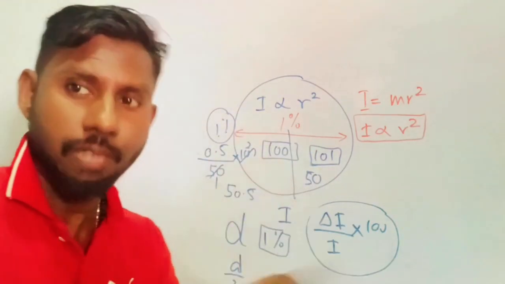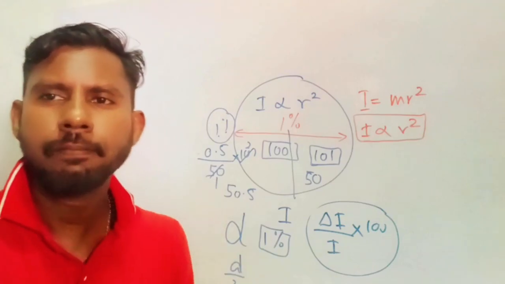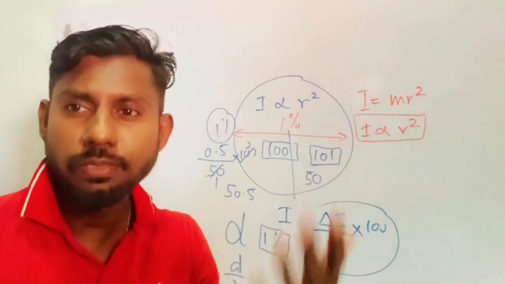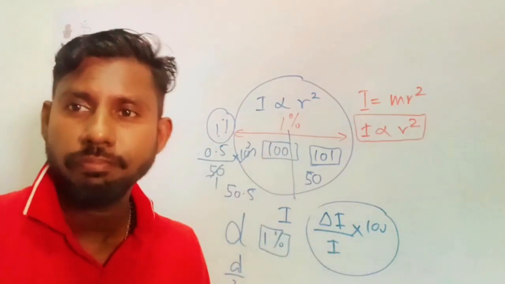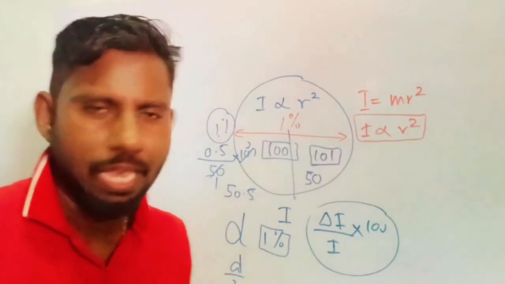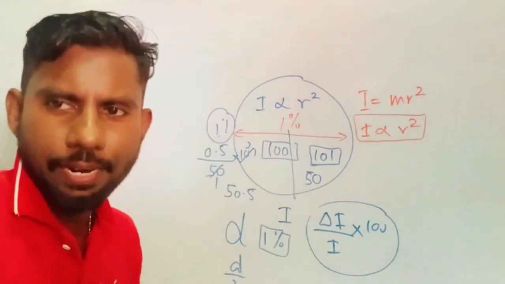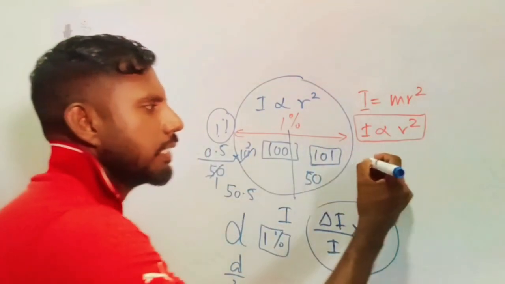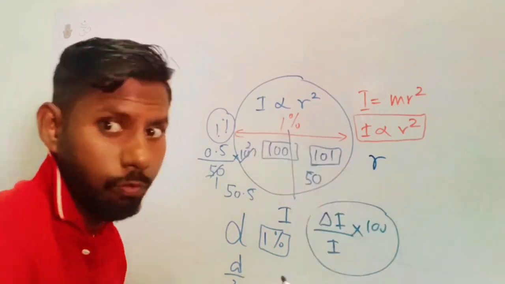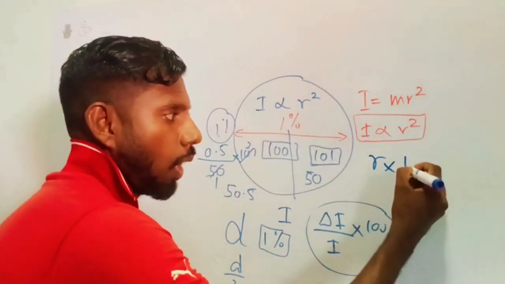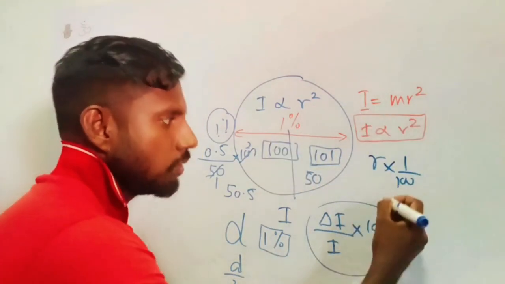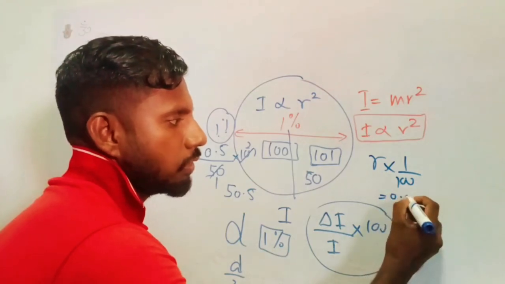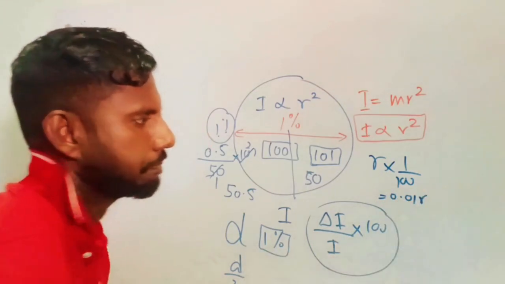So if you know this, when you are practicing questions, just apply that. So that means our radius is increased by 1%. How do you increase it by 1%? 1 divided by 100 is the fraction. So 0.01 r.